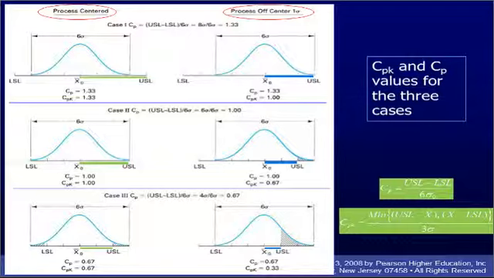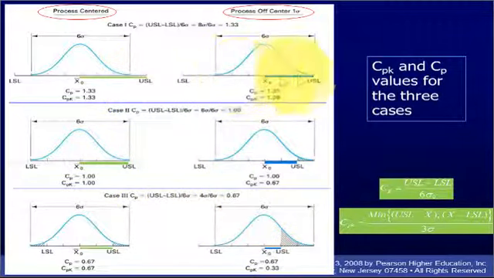Here are the CPK and CP values for the 3 cases, case 1, case 2, and case 3, in 2 situations: when the process is centered and when the process is off-center by 1 sigma. As we can see, the CP value does not change if you shift the process center. The CP value stays the same.